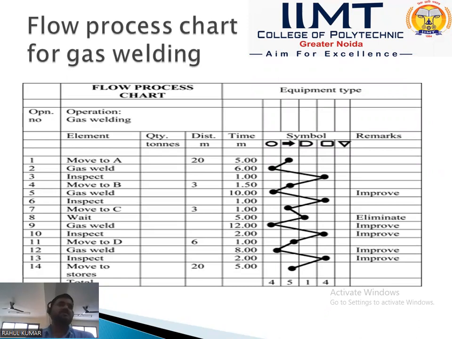After that we studied the recording techniques: flow process chart and flow diagrams. Under flow process chart we studied the outline process chart, flow process chart, one-handed chart, and all these. And thank you for today.